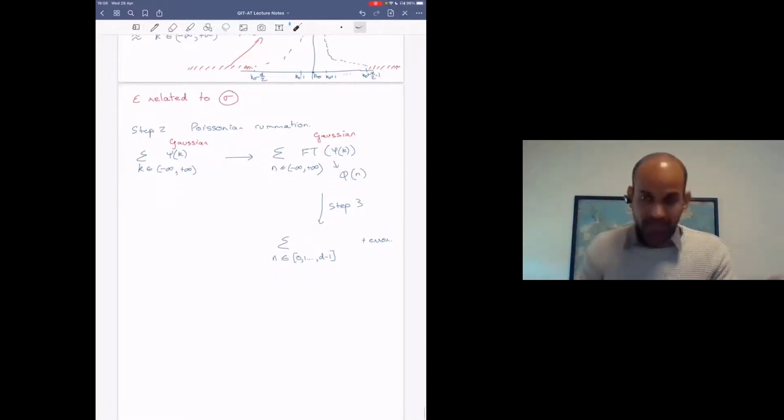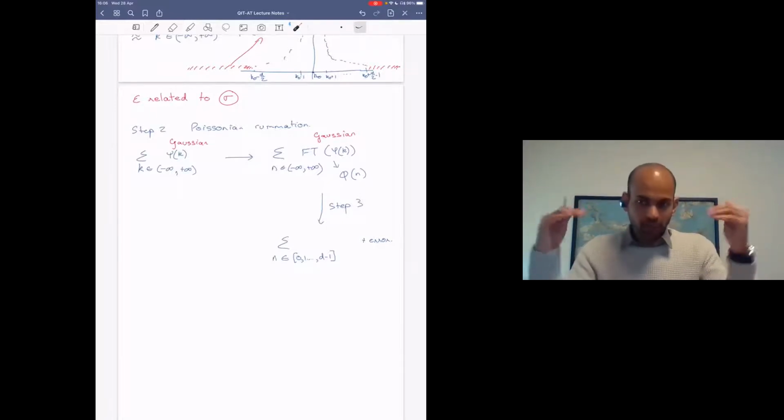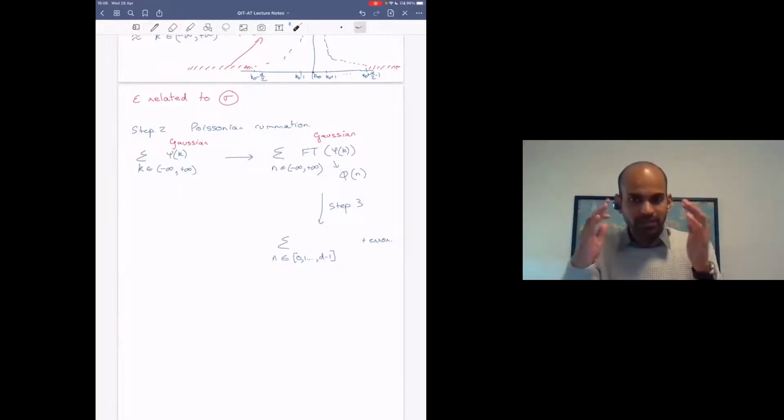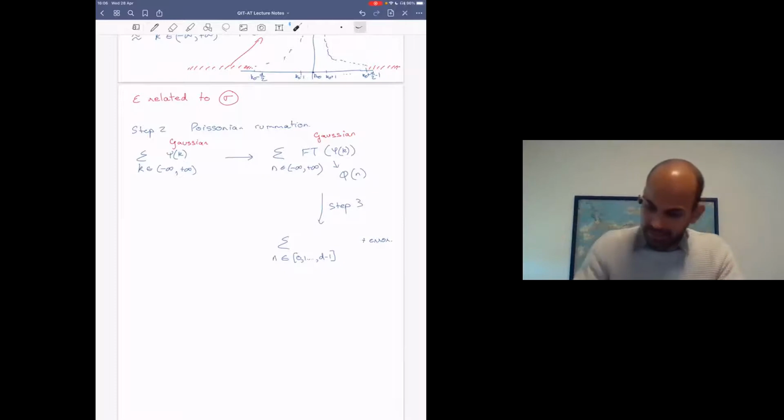And the key is that, again, we can make the errors as small as we like by decreasing the amount in the tail.